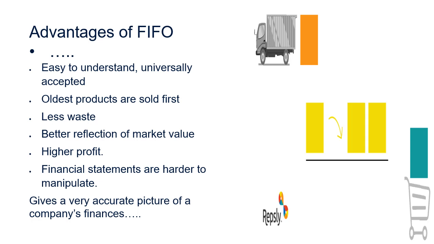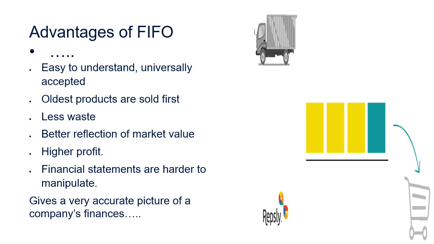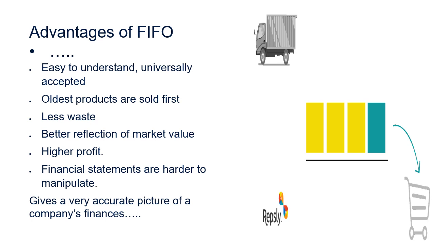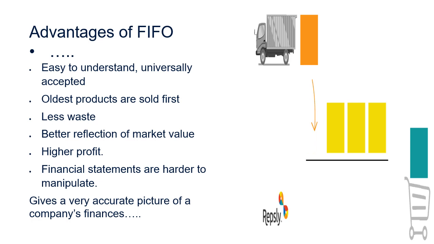Then the FIFO method gives higher profit. Next, financial statements are harder to manipulate, because the first brought in is issued first. The FIFO method gives a more accurate picture, friends, of a company's finances. This information helps a company to plan for its future.